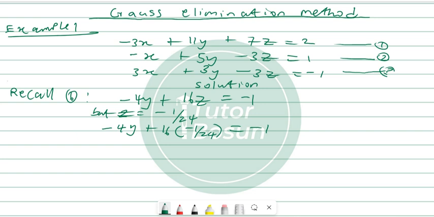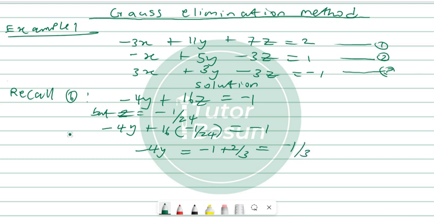If you do this very well, you'll be left with minus 4y equals minus 1 plus 2 over 3. You simplify everything here and take it to the other side. Minus 1 plus 2 over 3 should give us minus 1 over 3.